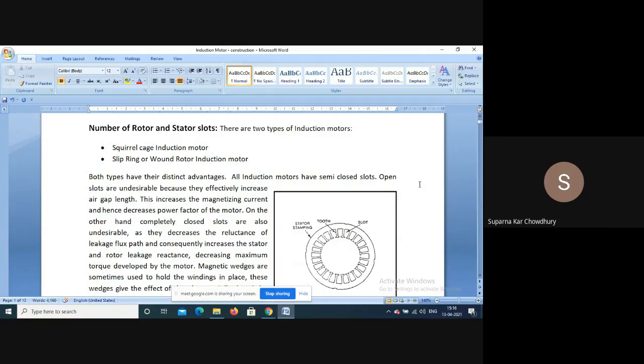There might be some leakage flux in the frame, but it is normally negligible, and the flux path is complete. This portion is the core, and this portion is the teeth. So the flux path is completed like this. This frame, which is outside the lamination, is not a part of the magnetic circuit.